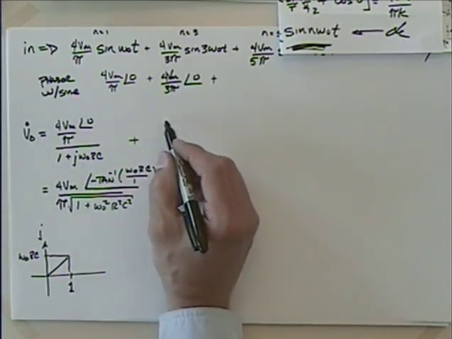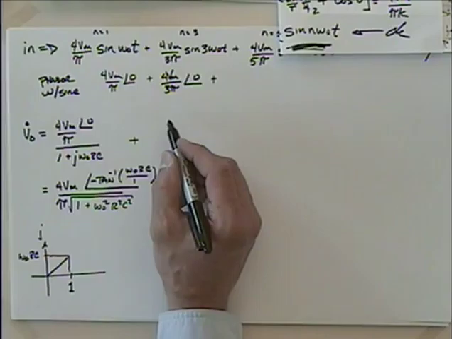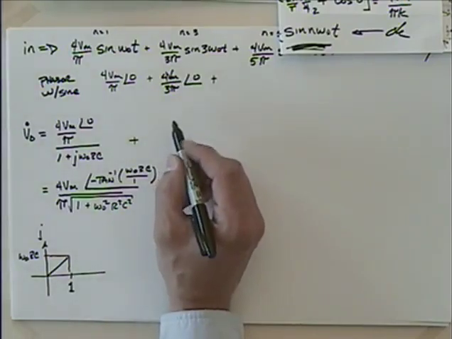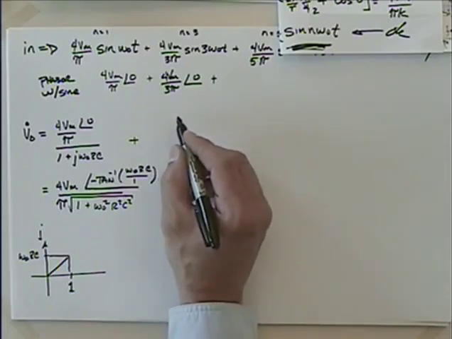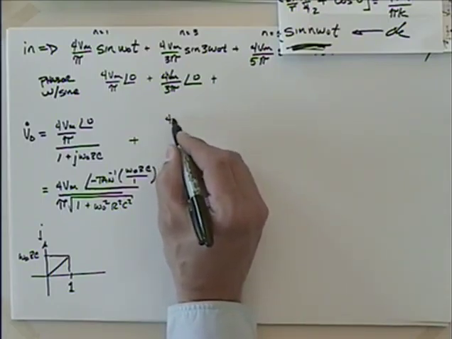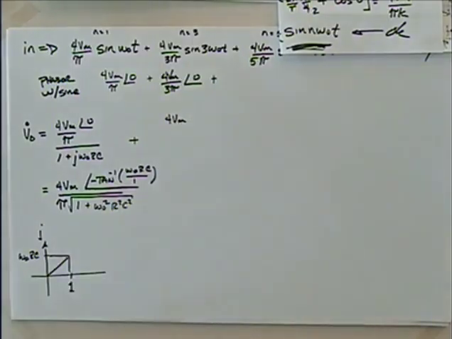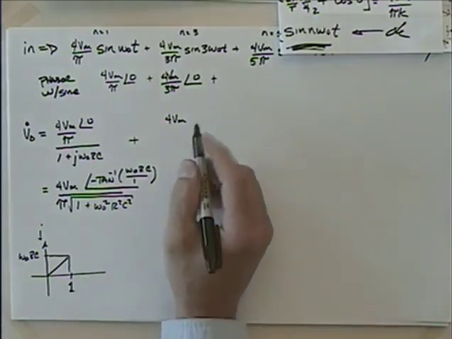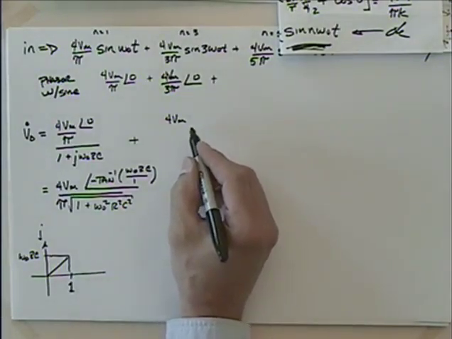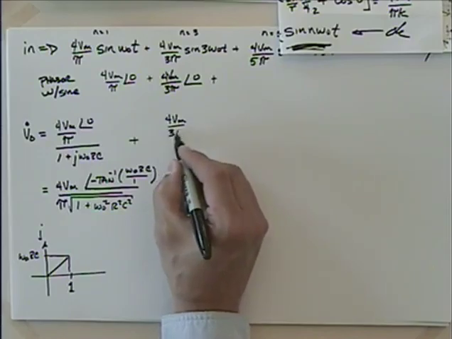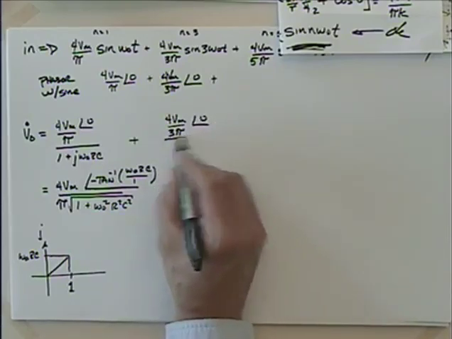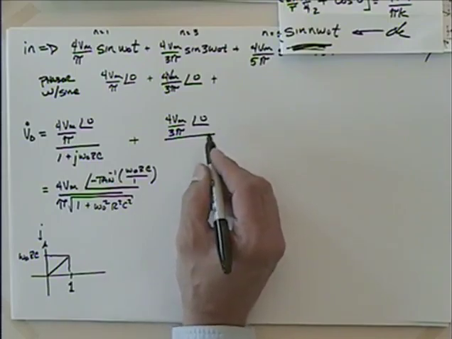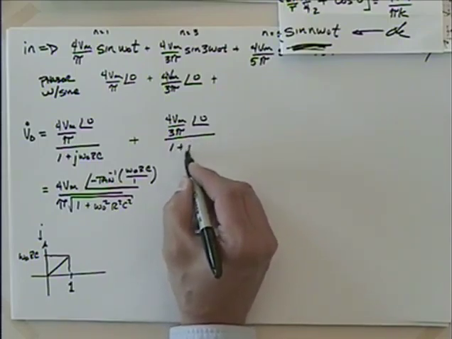So what's the second term going to look like? Which is when n is equal to 3, right? So I'm going to have 4 Vm divided by 3 pi at an angle of 0. And then I have to divide that by what? 1 plus j.